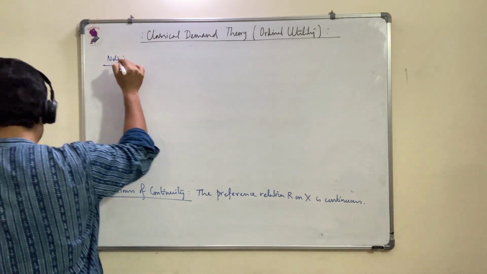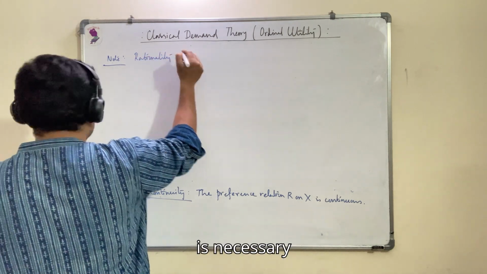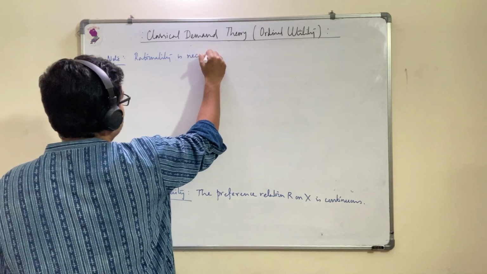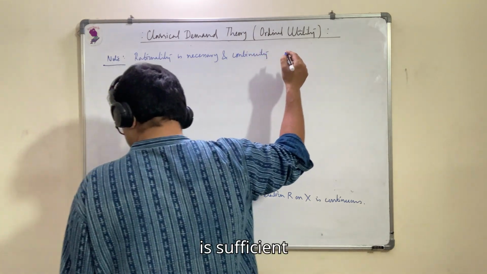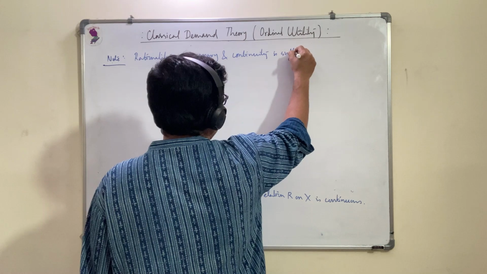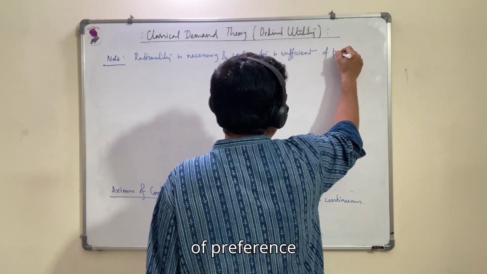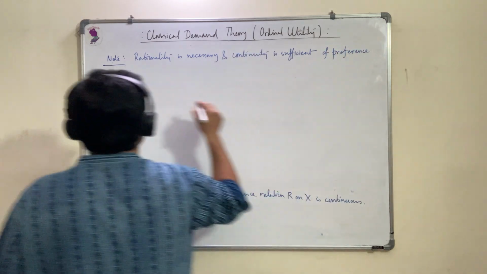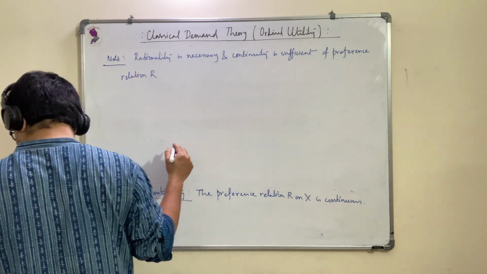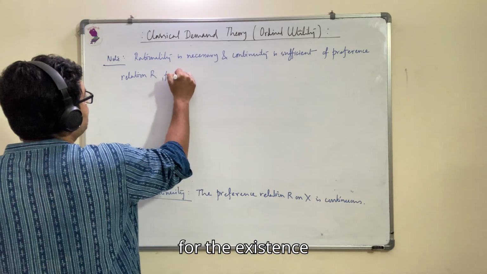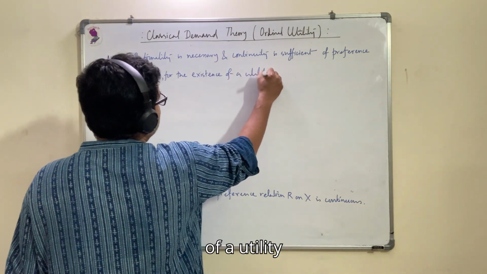Note: rationality is necessary and continuity is sufficient, for the preference relation R, for the existence of a utility function.